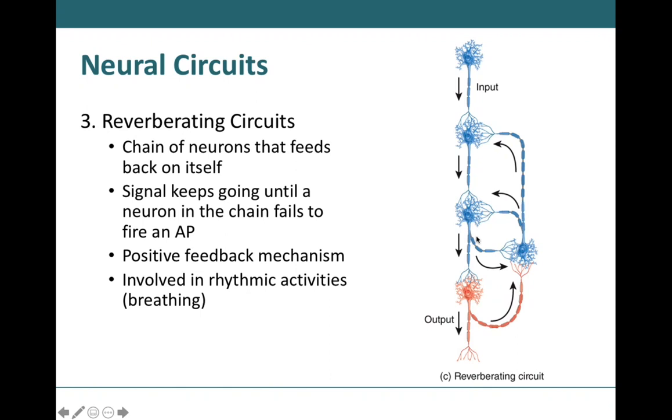But you can see as we get down here, these neurons are going to send their signals out, and eventually this neuron is going to feed back and potentially increase the signal that's coming from each of these. This neuron is constantly telling these other two neurons to keep firing its signal. So in order for us to turn off a reverberating circuit, we need to interrupt the cycle, and that's why this is a positive feedback mechanism.